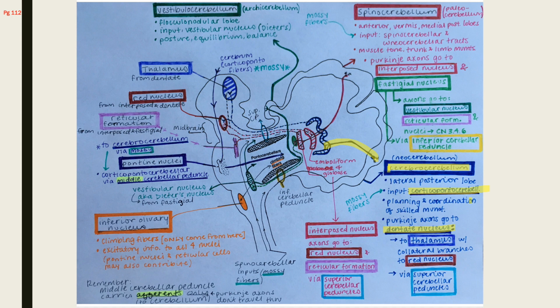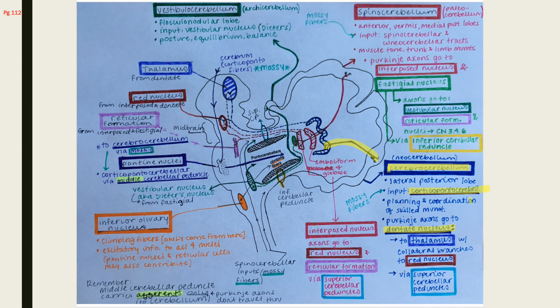So everything we've talked about has been mossy fibers coming into these functional divisions and releasing glutamate on the Purkinje fibers, and those going to the deep nuclei or the vestibular nucleus.